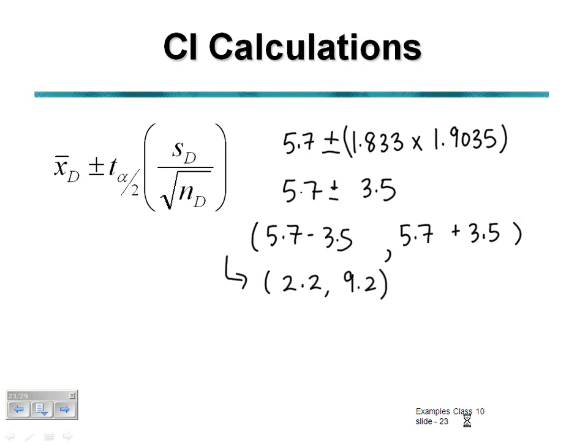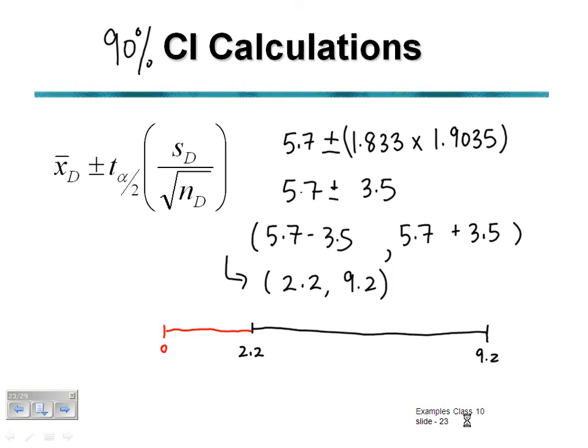And remember, this is the 90% confidence interval. So now we have a 90% confidence interval, which you'll notice is all positive from 2.2 to 9.2, meaning 0 is not inside that confidence interval. 0 is further across on the left-hand end of the confidence interval, and this means since 0 does not lie in our confidence interval, that we were correct to make the decision to reject the null hypothesis in example 3.